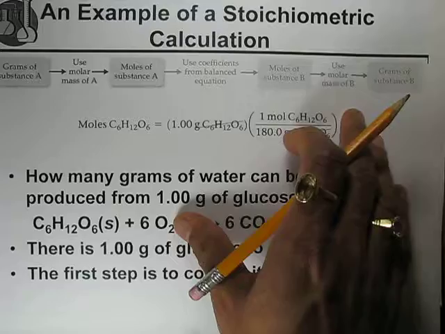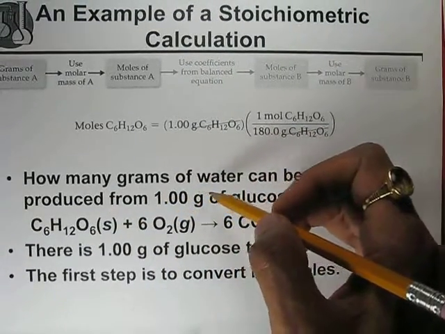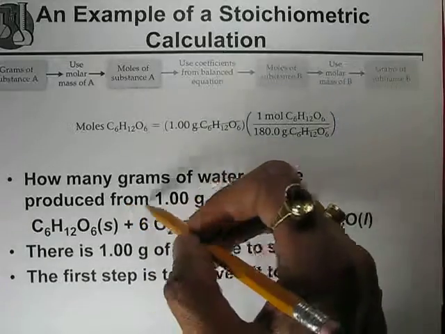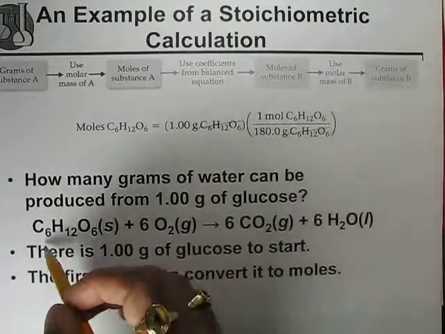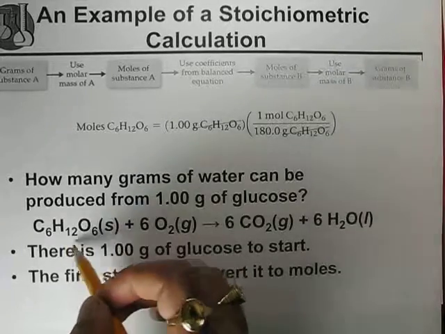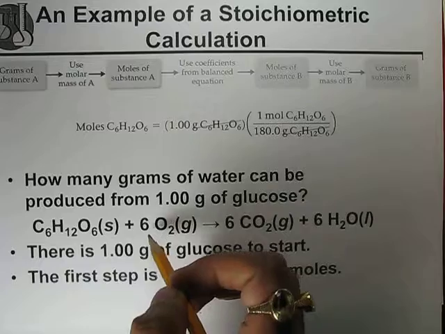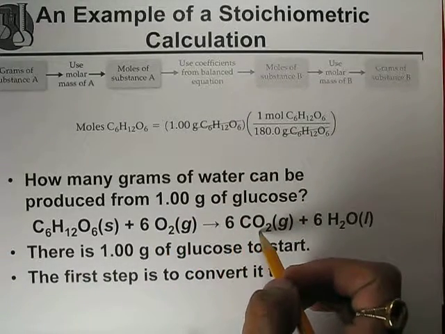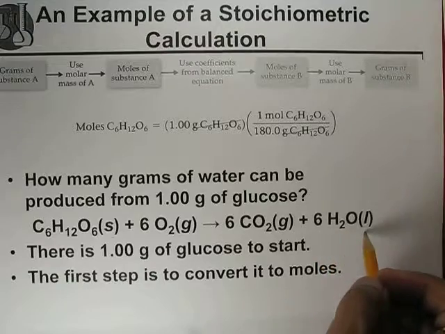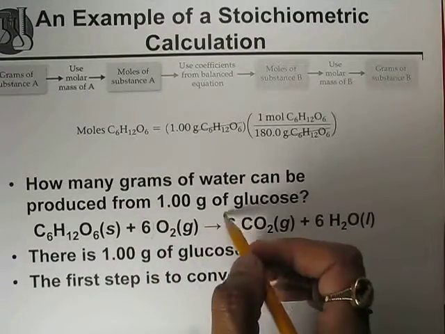Here in the example: how many grams of water can be produced from 1 gram of glucose? Here is the balanced equation. Glucose is solid, and when burned with 6 moles of oxygen gas, it produces 6 moles of carbon dioxide gas and 6 moles of water.